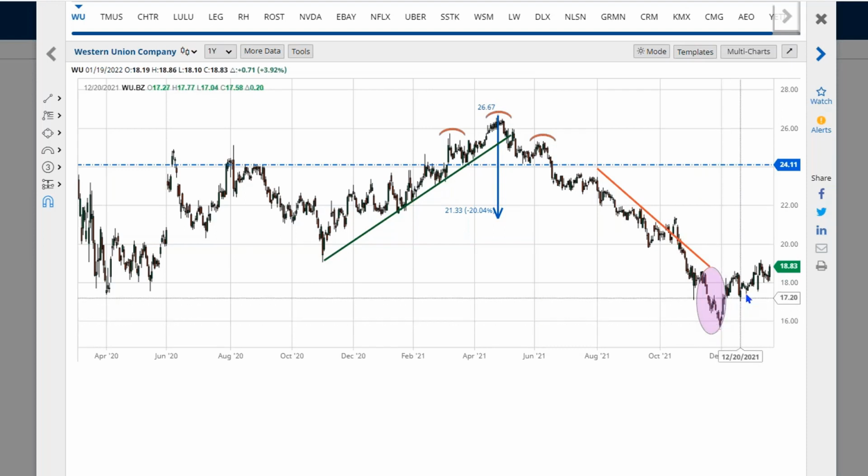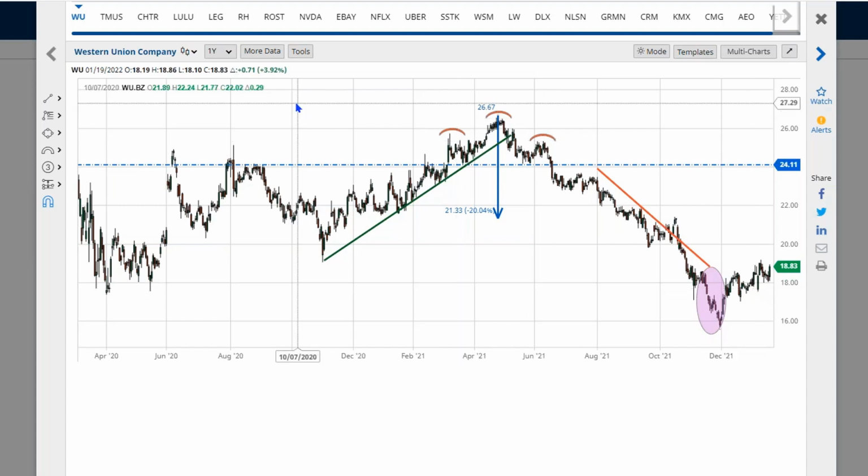And you can see now that Western Union is starting to trend up. So again, one of the things we can look for in bear markets, if you're waiting patiently, waiting for that capitulation, waiting for these micro crashes, this could be the signal of our new bull market.